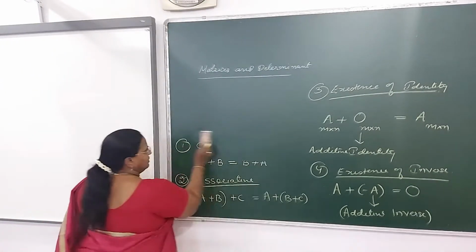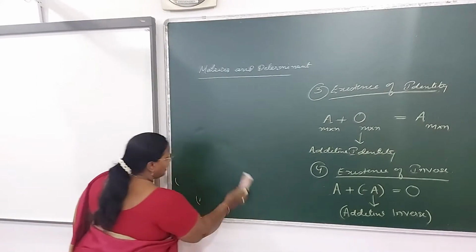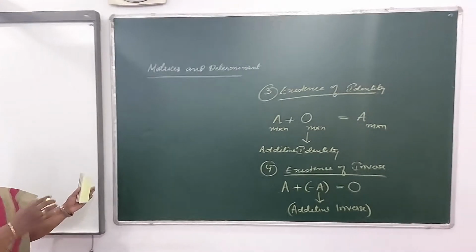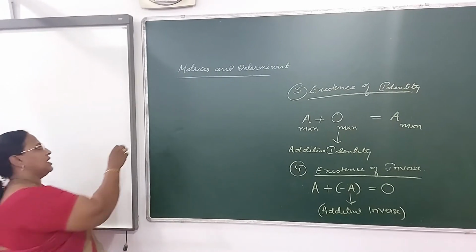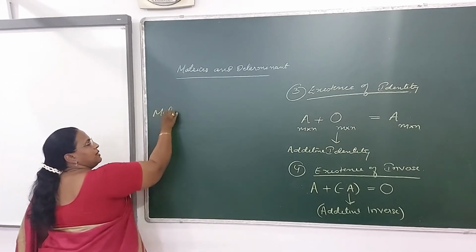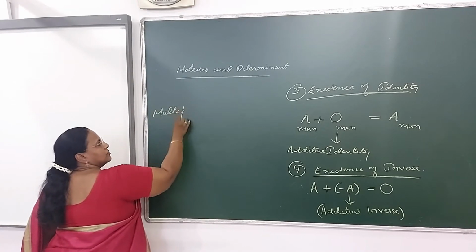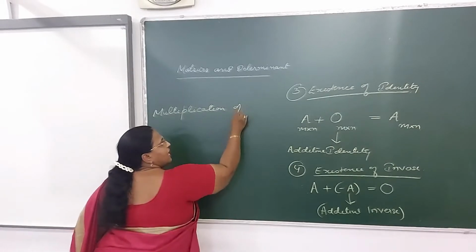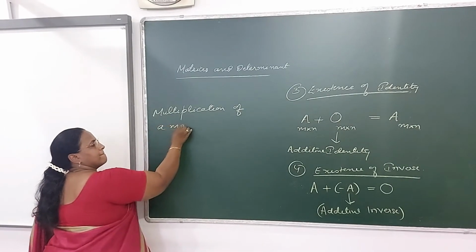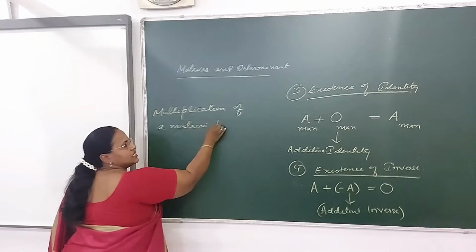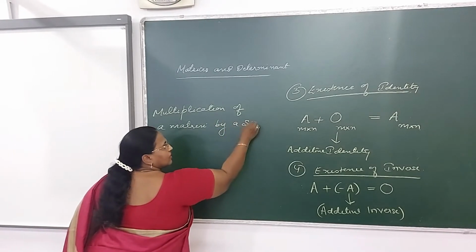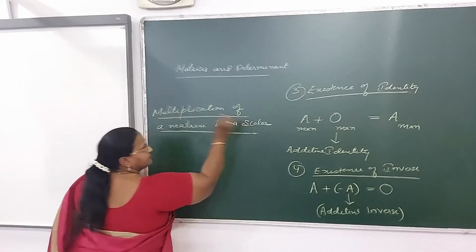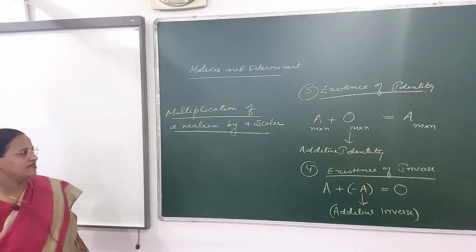Now the next one is scalar multiplication, multiplication of a matrix by a scalar. See the explanation of this.